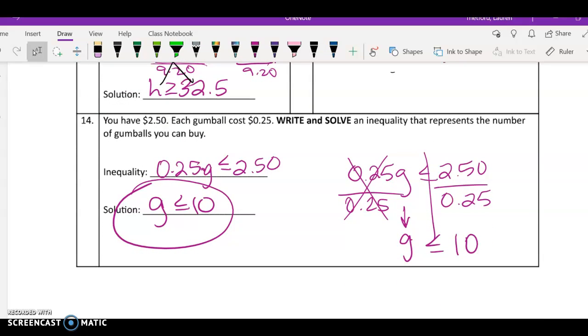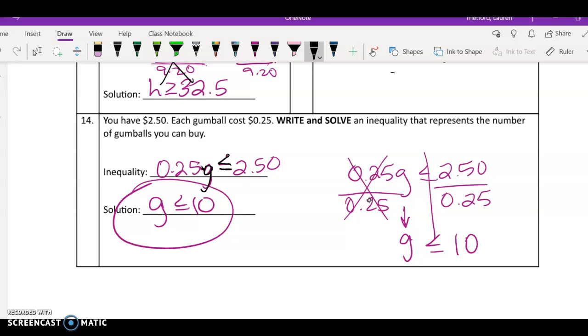You have $2.50. Each gumball costs 25 cents. Write and solve an inequality that represents the number of gumballs you can buy. So I have 25 cents times each gumball that I buy, so times G, is going to be less than or equal to $2.50. And it has to be less than or equal to $2.50 because I don't have more than $2.50.